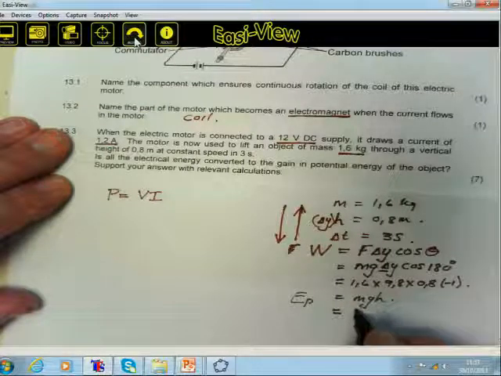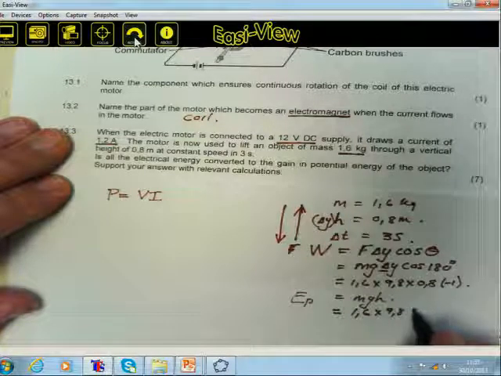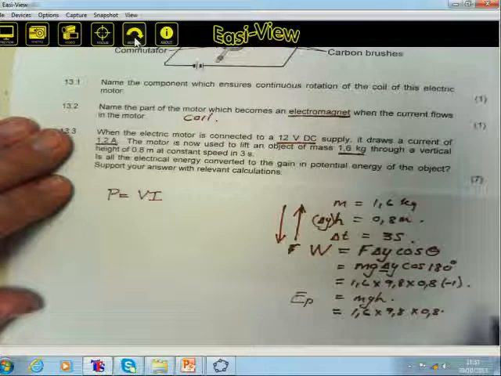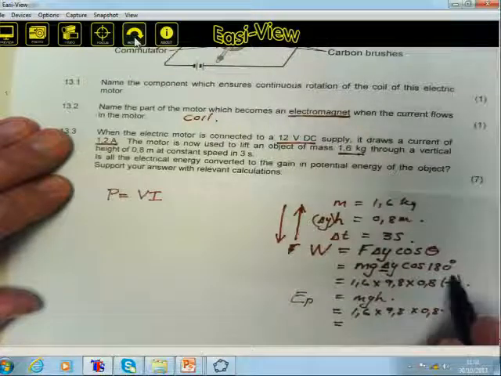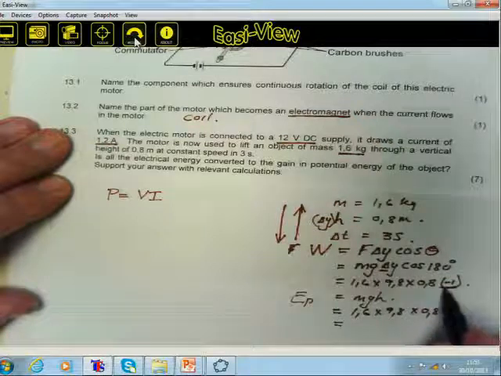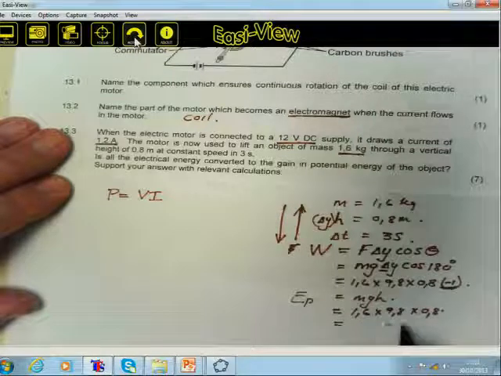Then you can also write it as 1,6 times 9,8 times 0,8, and you see we'll get the same answer in the sense of the magnitude. This is only indicating that the direction of the force and the displacement is opposite. Right, and you will get your value here.